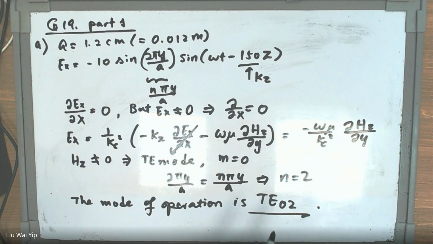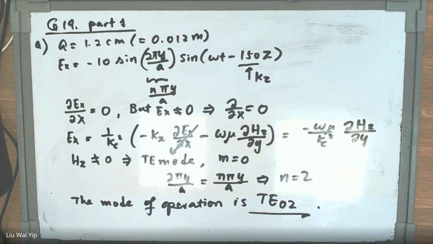So this is done, and you have the mode information. Then you can work from the mode information to get the cutoff frequency. In order to get the frequency of operation, you need to know the cutoff frequency. If you don't have any information about the cutoff frequency, then you're not going to get anywhere.